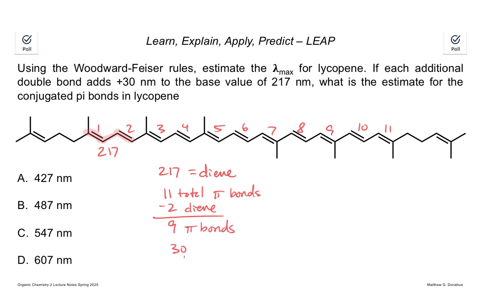So we get 30 times 9, that's 270, and we should end up with 487. So that's just the base value of the carbon chain.